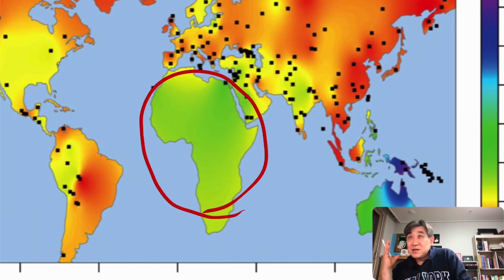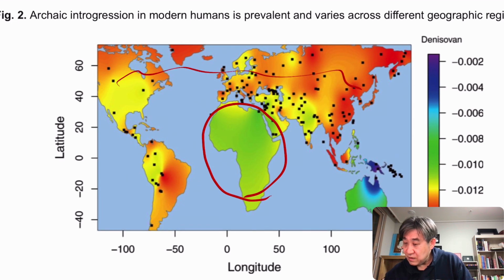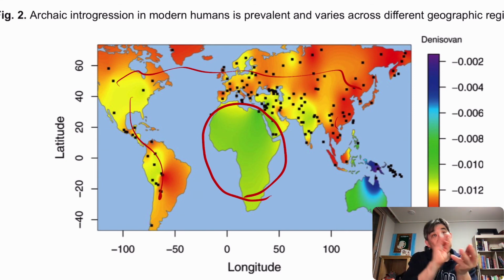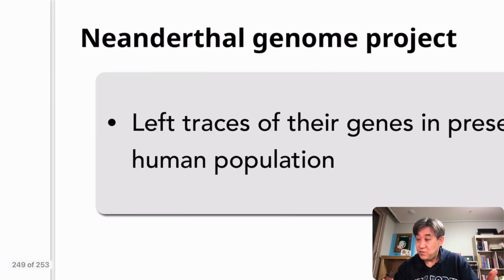Actually, if you compare the genetic diversity, the native Africans currently living in Africa show the most diversity in their genes, in DNA sequence diversity. That means those now living outside of Africa originated from a very small group of initial ancestors who came from Africa. That is the message we can take.